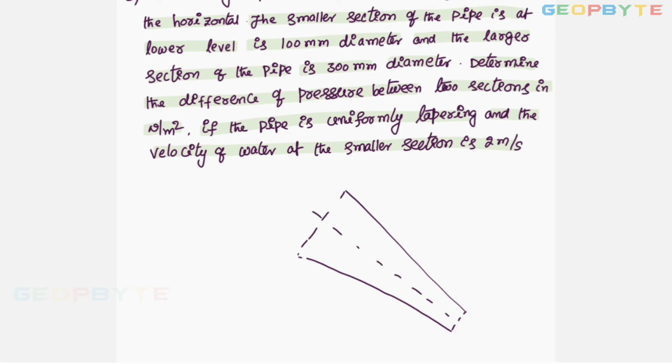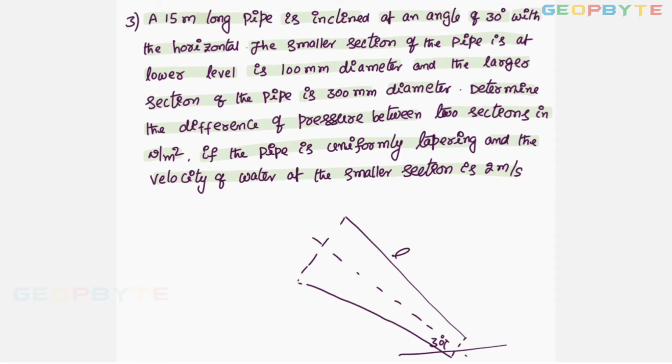This is the axis. That axis is making an angle 30 degrees. Length of the pipe is given 15 meters. This smaller end, let it be section 1, larger end section 2. D1, smaller end diameter given 100 mm, means 0.1 meter. Other end, bigger end of diameter 0.3 meters.